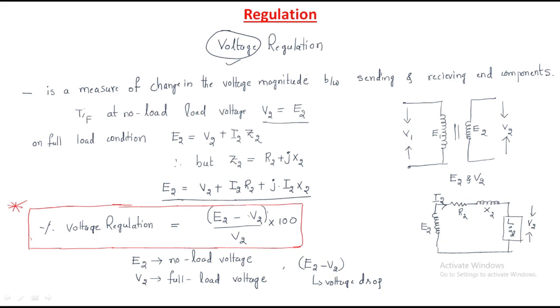Different power factors have different voltage regulations. So we will look at the different power factors. We will look at the first one: if the load is at lagging power factor.